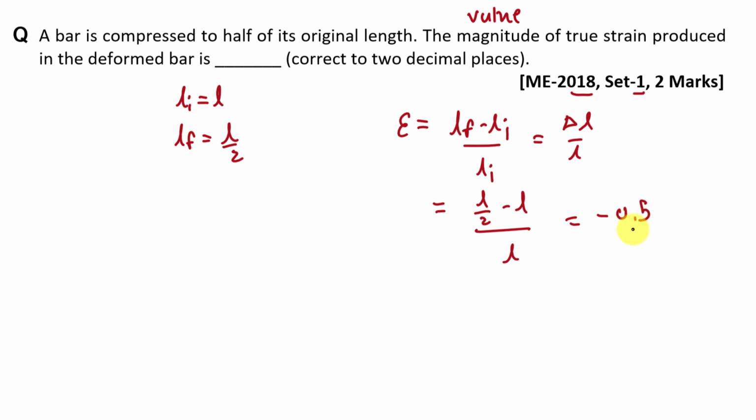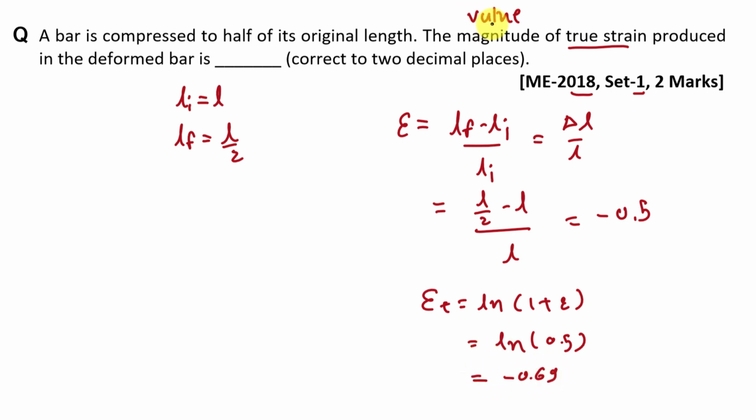This is the value of engineering strain. Here we have to find out true strain. True strain is equal to ln into bracket 1 plus epsilon. So if you put this value here, then you will get ln 0.5 and it is minus 0.69, right? In the previous video we wrote the answer minus 0.69 because in that question we had to answer the value of true strain.